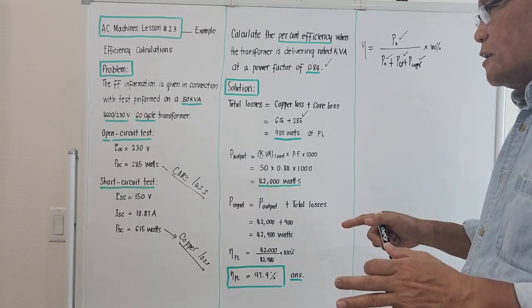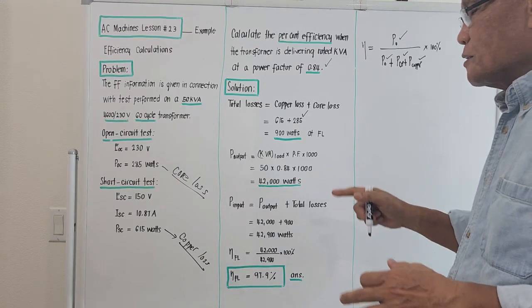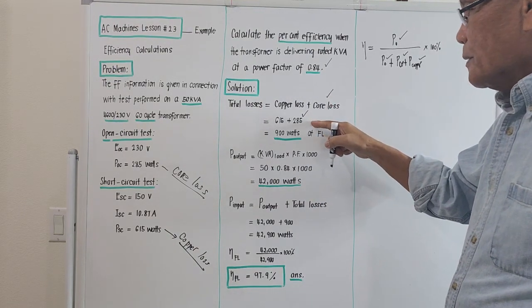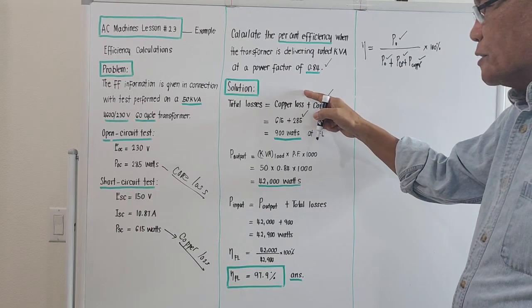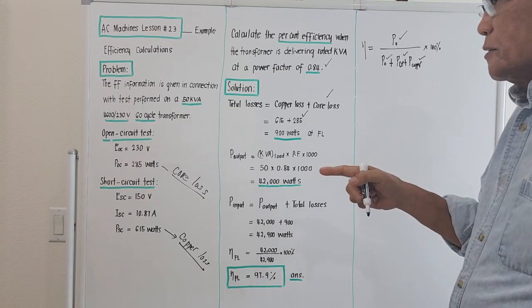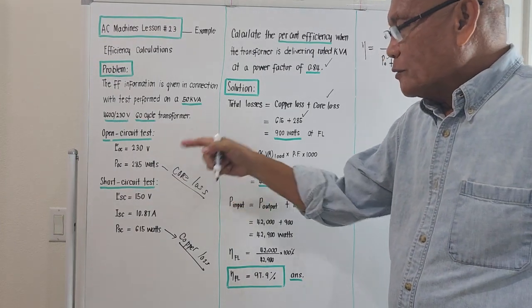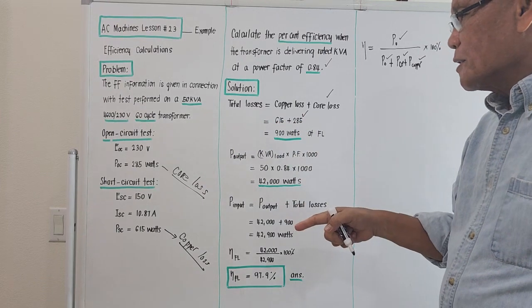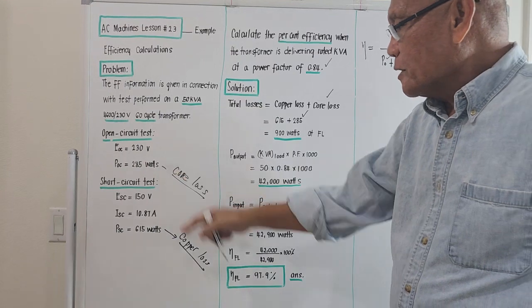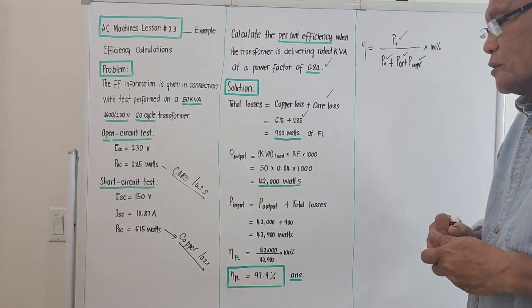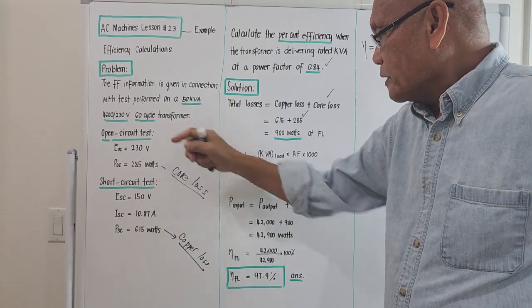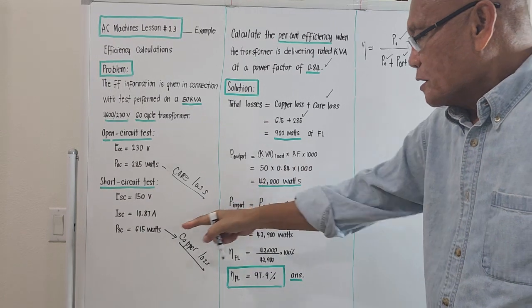The reading of the wattmeter during the open circuit test represents the core loss. So this is 285. And for the copper loss, the losses due to the resistance of the windings, if we bring out the concept of the short circuit test, the reading of the wattmeter during the short circuit test is actually the copper loss. And what is given is 615 watts.